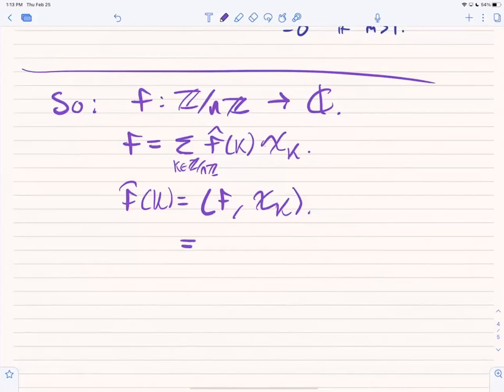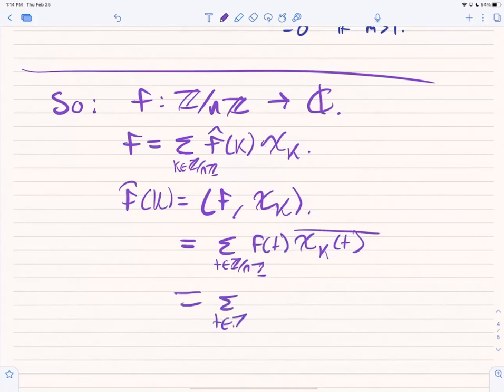So what is the inner product of f with chi k? Well, this is just the sum over t in Z mod NZ of f of t times chi k of t bar, which if you expand it out is the sum over all t in Z mod NZ of f of t times e to the minus kt times 2 pi i over n.